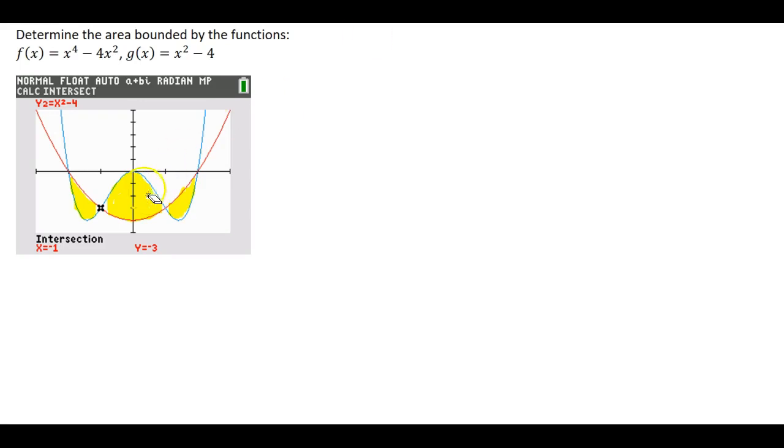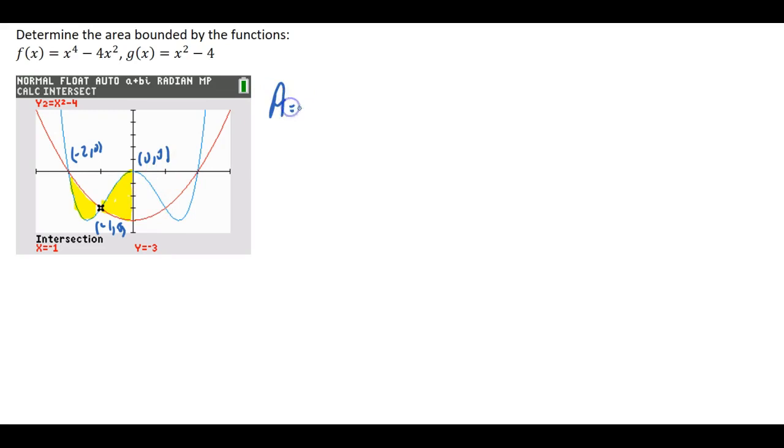So really, all I need to do is get half and then double my area. I've got intersection points at (-2, 0) and (-1, 0), and from there the quadratic is above the quartic, and then the quartic is above the quadratic from -1 to 0.